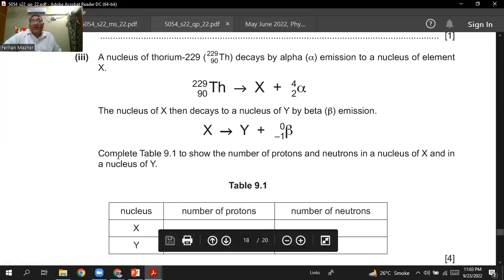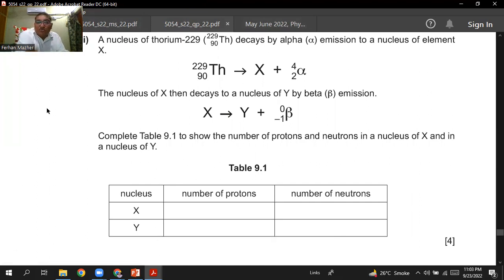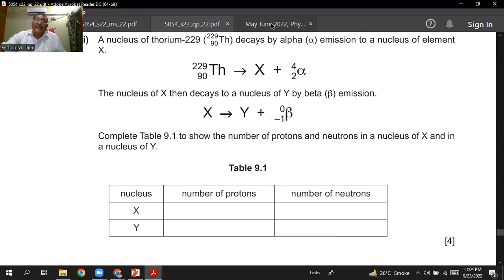Complete table 9.1 to show the number of protons and neutrons in a nucleus of X and in a nucleus of Y. You see, whenever an alpha particle is given out, the proton number decreases by 2 and the mass number decreases by 4. So here the proton number will be 88, and the mass number will be 225. So the number of protons will be 88, and the number of neutrons will be 225 minus 88.